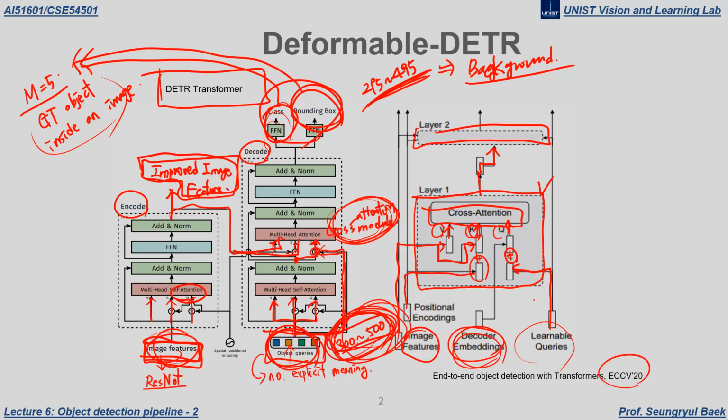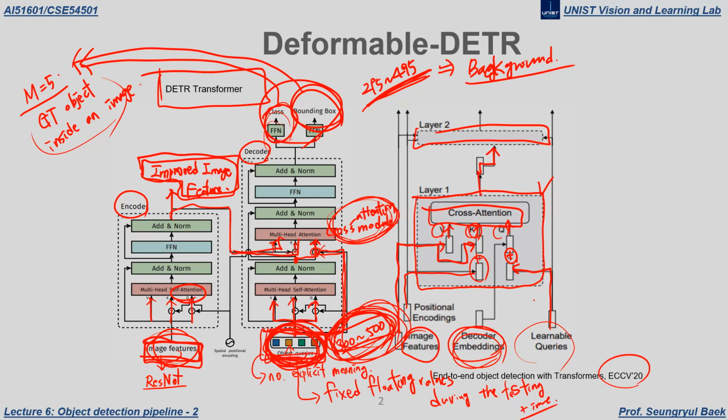So this is the DTR algorithm. And also, these object queries are fixed floating values during the testing time. They are actually learned during the training time, okay?